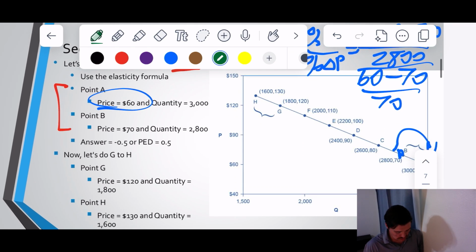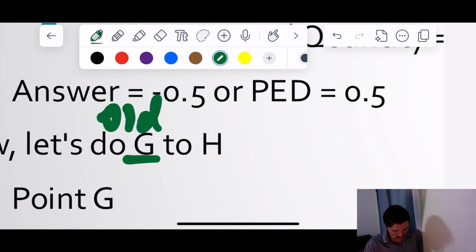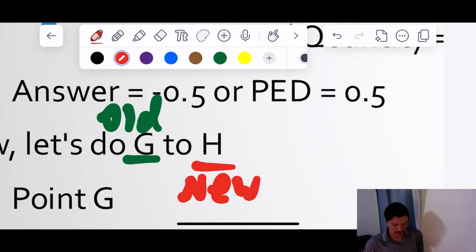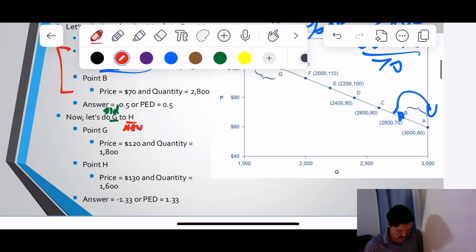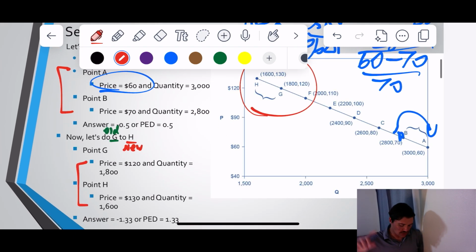We're going to go G to H. Again, we've got to figure out what is new and what is old. We're going from G, so that's the old, to H, which is the new. You can use the numbers from the graph, but I also put them here. So we'll do the percent change in quantity first, divided by the percent change in price.